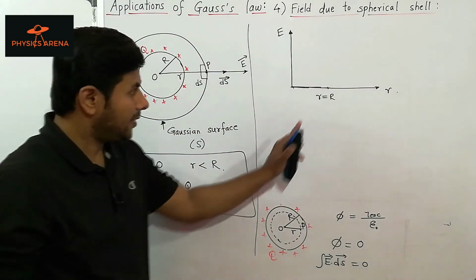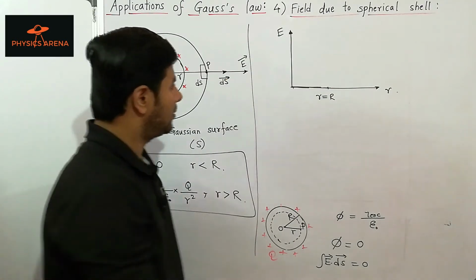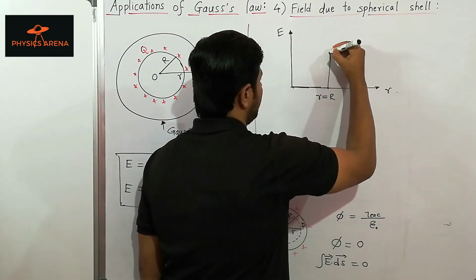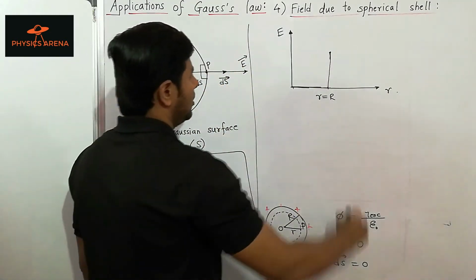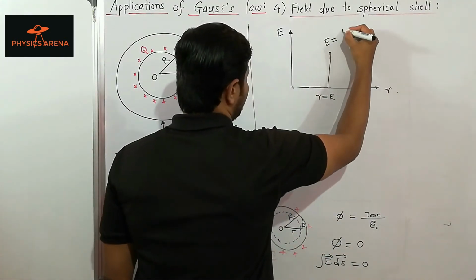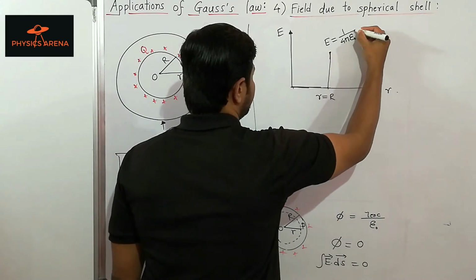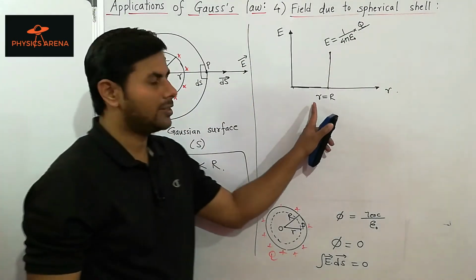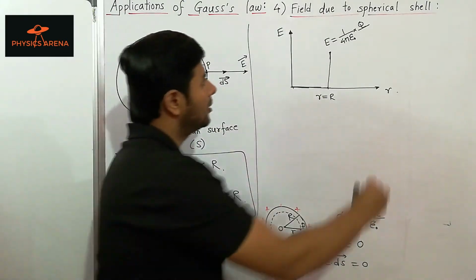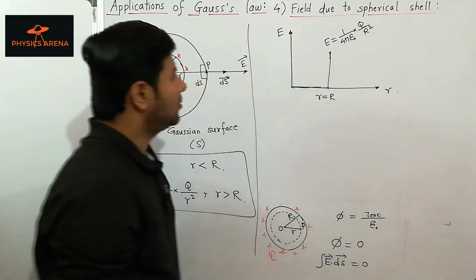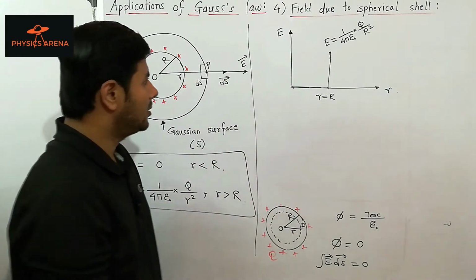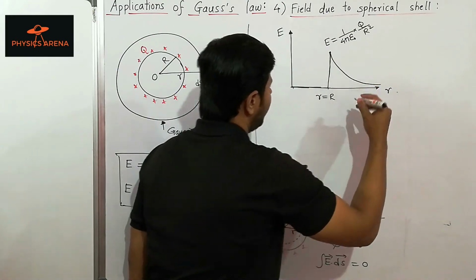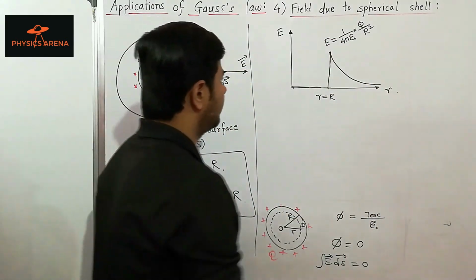So it rises suddenly at this point, r equal to capital R, up to this, and this should be equal to 1 over 4 pi epsilon naught into Q divided by R square, because at this point the small r is equal to capital R. So Q over R square is the electric field, and after that point the electric field falls off like this.